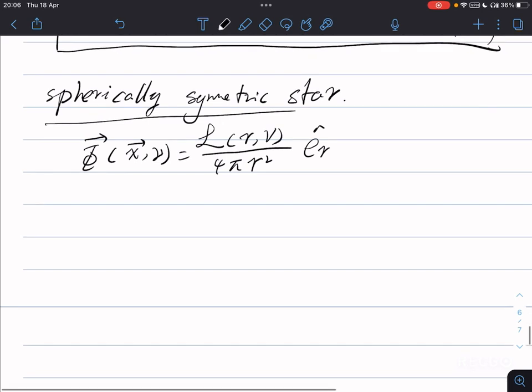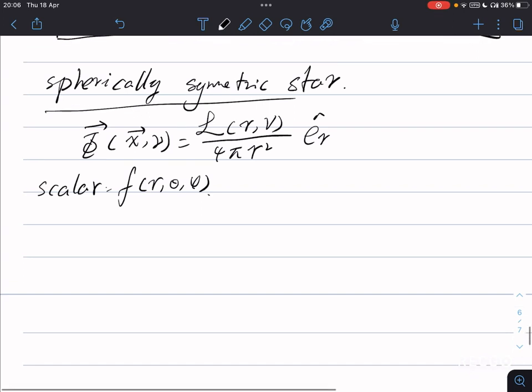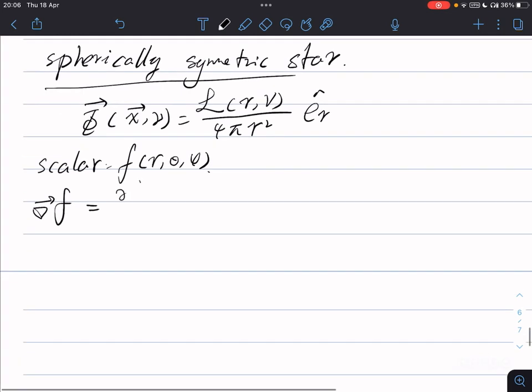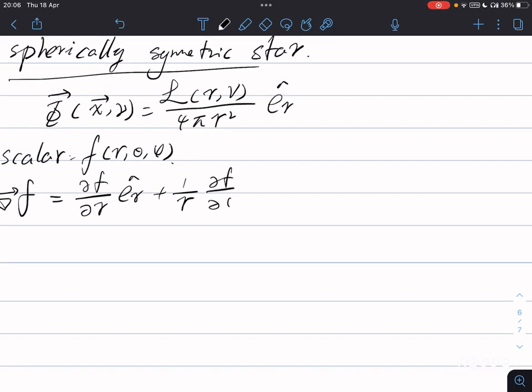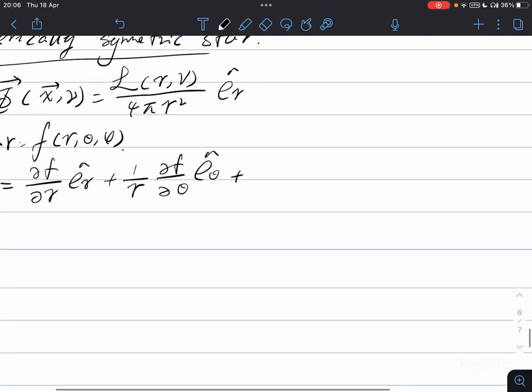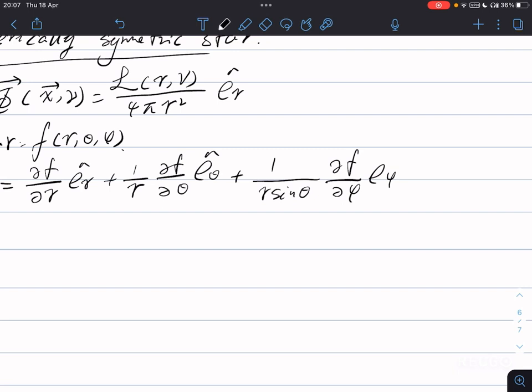For a scalar f(r, theta, phi), its gradient in spherical coordinates can be written as partial f partial r e_r plus 1 over r partial f partial theta e_theta plus 1 over r sine theta partial f partial phi e_phi.